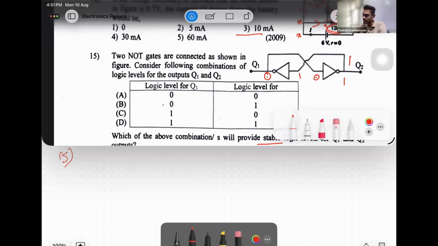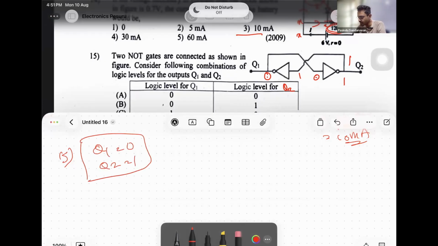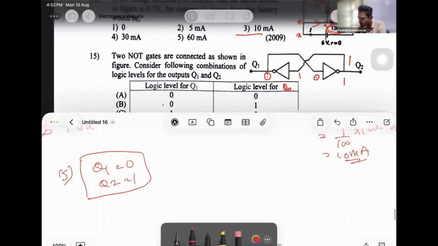Okay, that is satisfied, which means now this should be the logic level for Q2. So when Q1 is 0 and Q2 is 1, that is stable, right? Then similarly, the opposite is also working now.